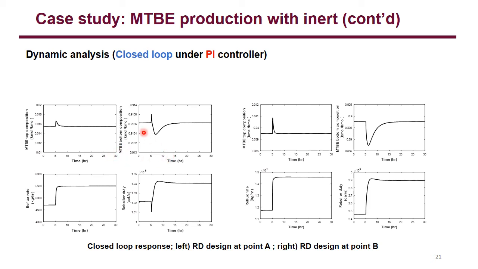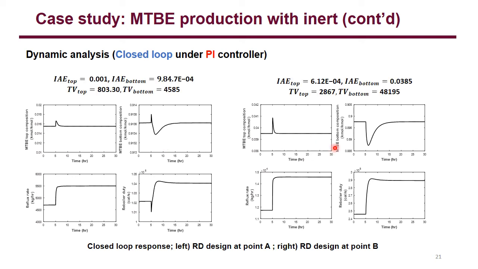We can see that at the maximum driving force, the controller is able to reject the process disturbance very fast compared to the design at point B, which can be further highlighted by the value of the valve travel. As you can see, the design at point A is better under the PI controller.